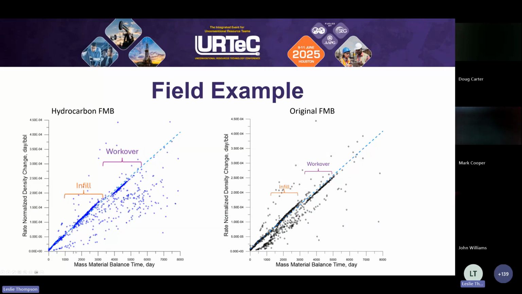Interestingly, when the well came back on after the infill operation, this is the signal that we saw down here. You got kind of a straight line for quite a while, and then it gradually deteriorated back to this. I'm not going to put the blame on anybody else, but what I think happened is that after the infill, a bunch of fracks were opened that joined the infill wells to the parent well.